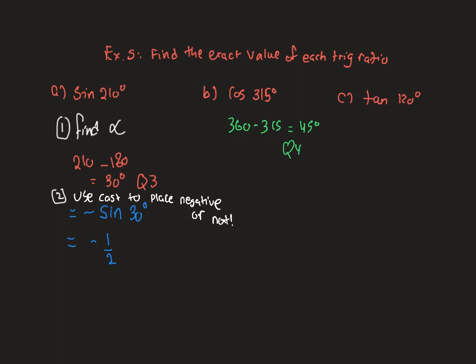If it's quadrant 4 and I am looking for cosine, well, I know that cosine is positive in quadrant 4, which means I can say this is the same thing as positive cosine of 45 degrees. Now, 45 is one of our special triangles, so once again, I should know that the cosine of 45 degrees is root 2 over 2.